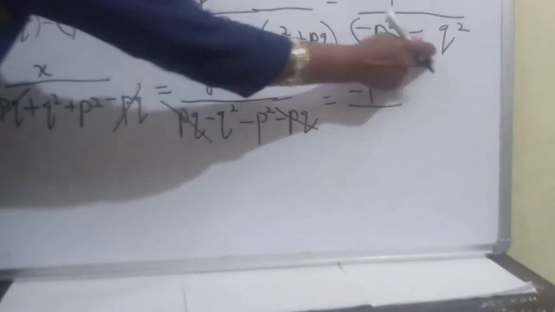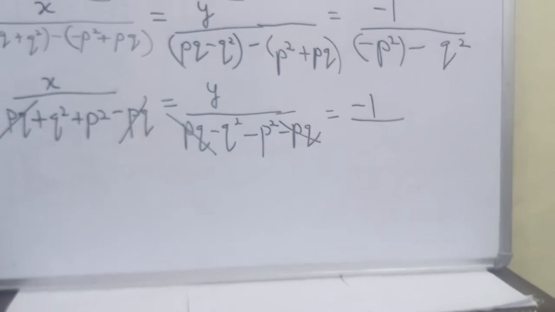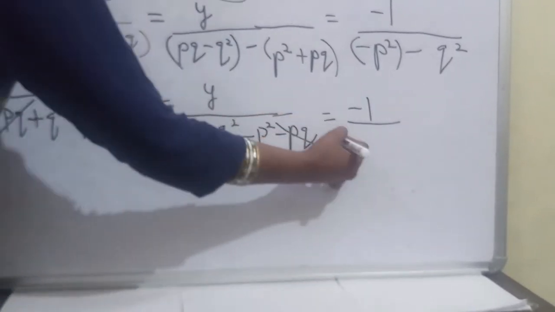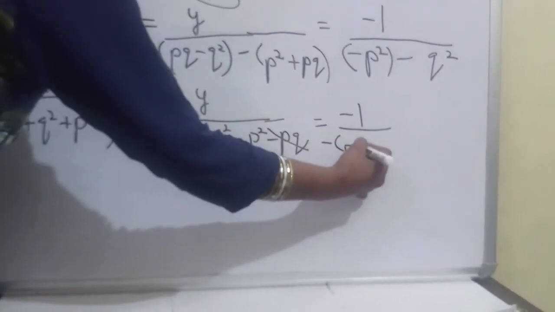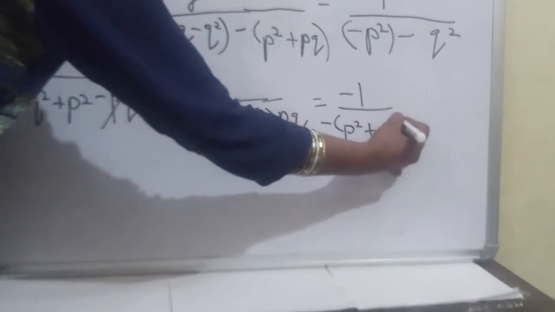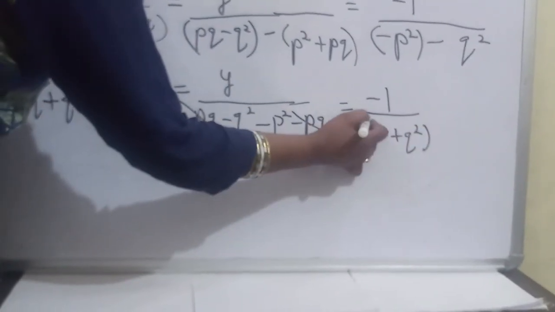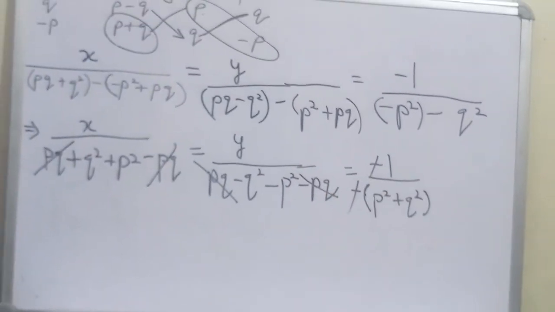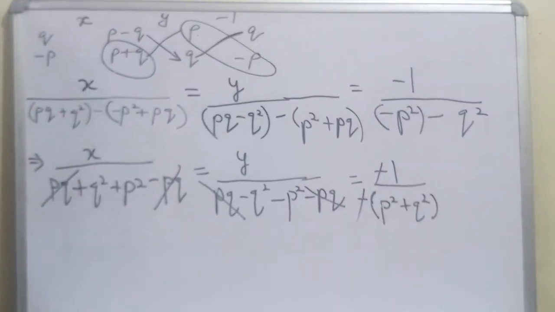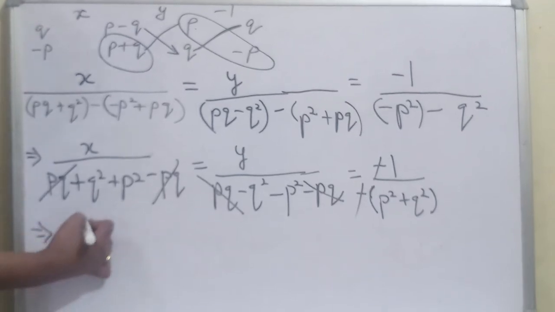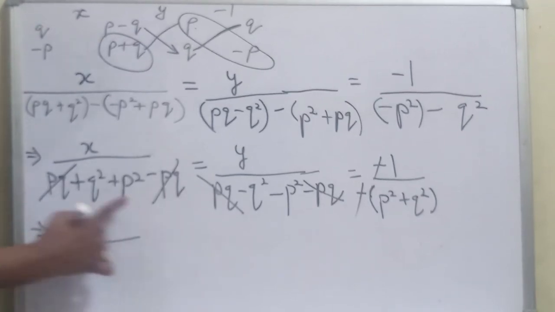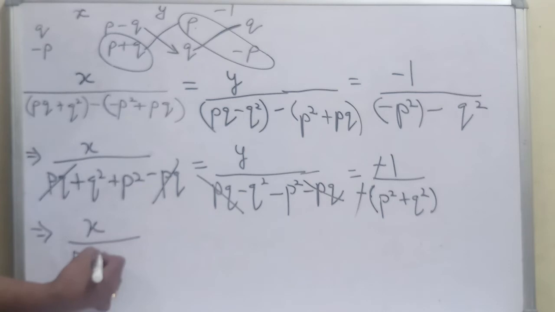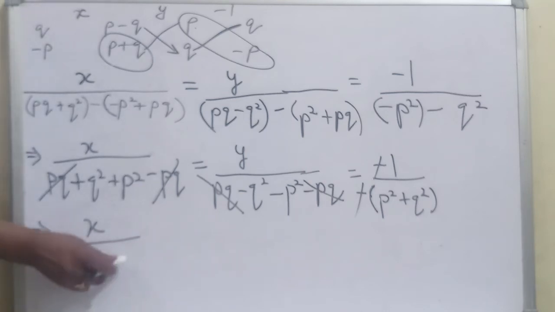Can I take something common here? Minus. What do I get inside? It will be plus p square plus q square, and again we will cancel out these two minus symbols. Now what I get here, this will be equal to x upon p square plus q square.